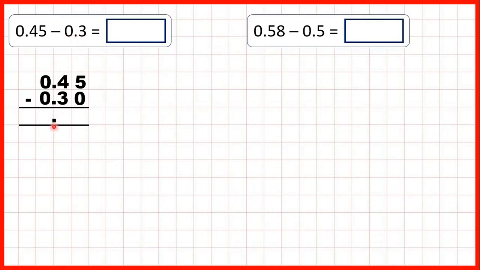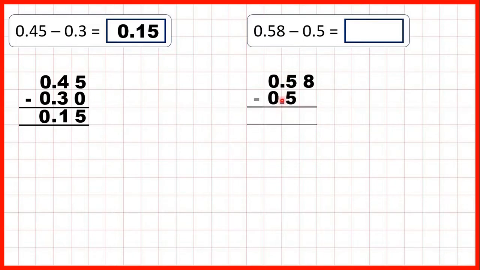Now we copy the decimal point down into our answer. 5 minus 0 is 5, 4 minus 3 is 1, and 0 minus 0 is 0. So we get 0.15.